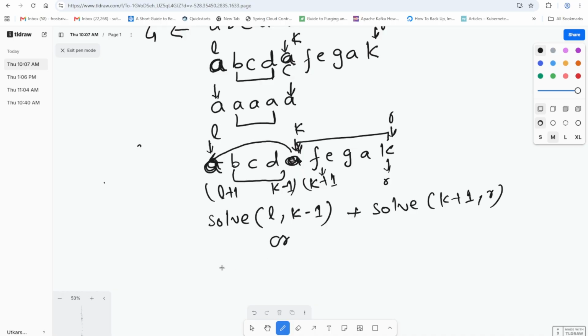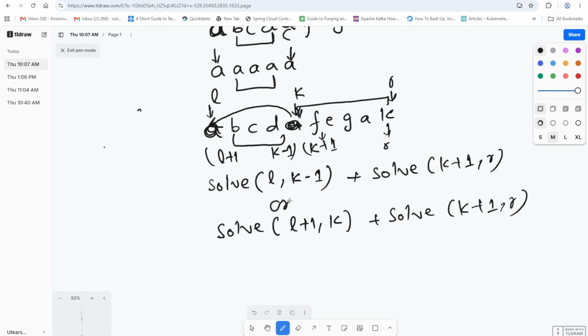Or we can say like this also: something like L plus 1 to K, plus solve for K plus 1 to R. Now we are thinking the same thing in reverse.